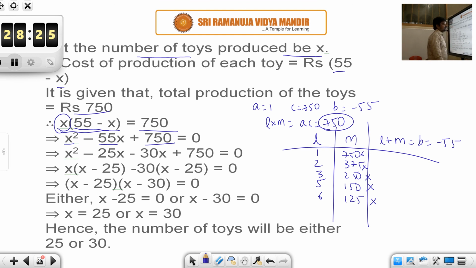Again no. And then what about 10 and 75? Again, this is no. After 10, is it divisible by 12? No. What about 15? 15 and 50, again this is no.